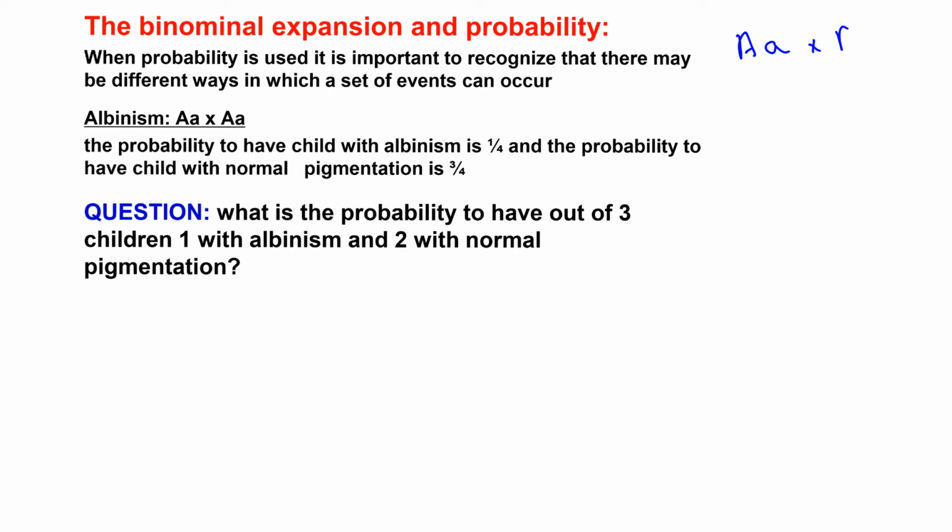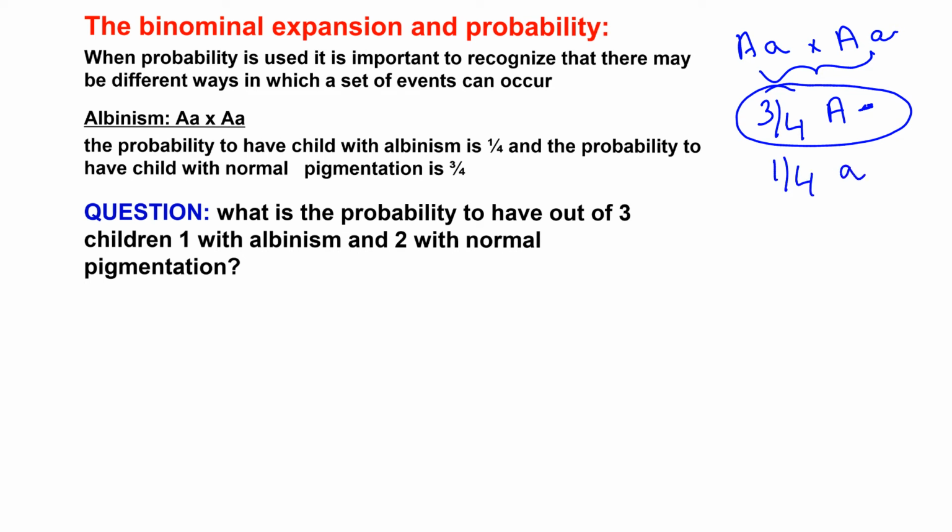It means in this case they would have normal pigmentation, and 1/4 will be homozygous recessive, so 1/4 of offspring will be albino. So now let's go back to the question. First you have to realize that to answer this question you have to consider all possible ways how this can happen.